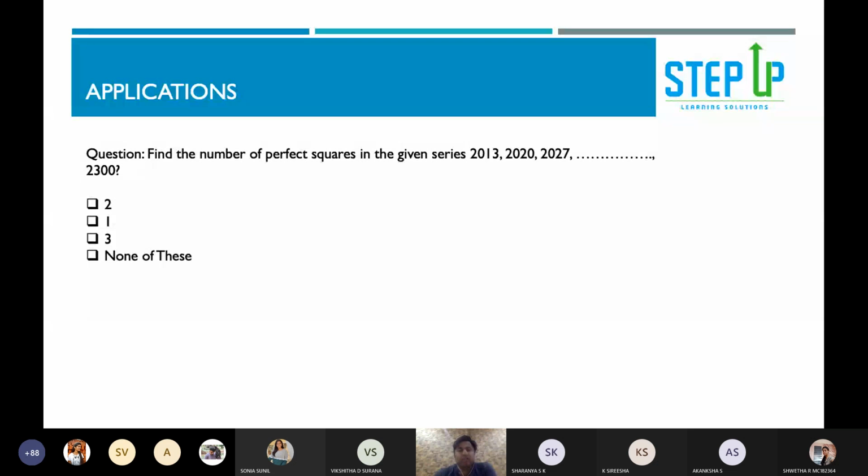So here we are talking about numbers from 2013 to 2300. That means we are talking about squares from 45 to 50. 45 squared is 2025, 50 squared is 2500. If you talk about 49, it's 2401, again greater.